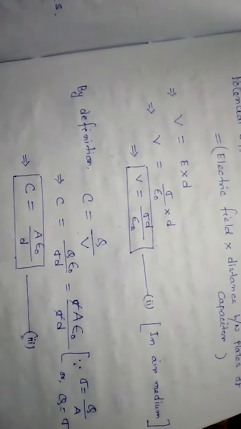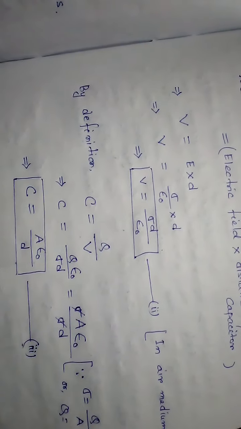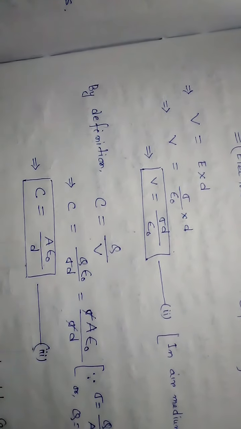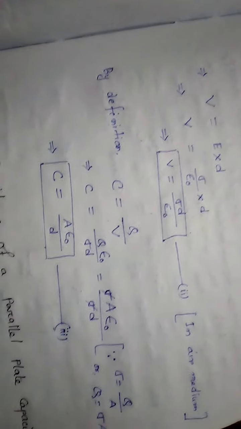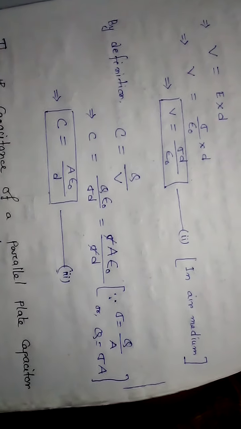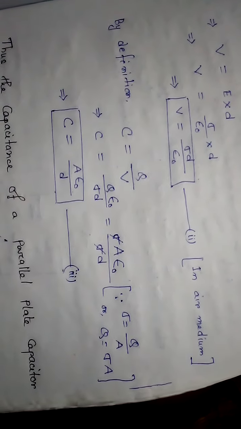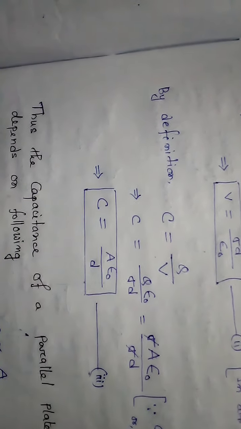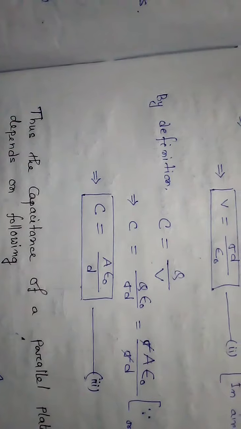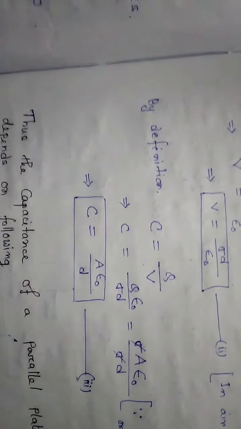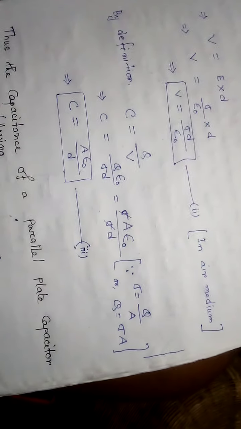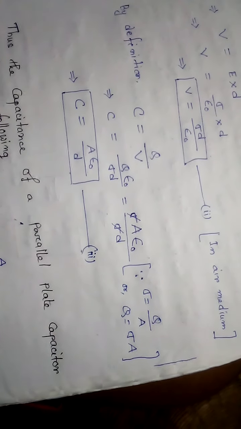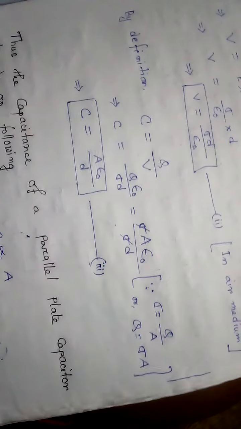By the definition of capacitance, we have C equals Q by V. This implies that C equals Q epsilon naught by sigma d. If we put sigma equals Q by A, we get C equals A epsilon naught by d. Here sigma is the surface charge density, that is charge per unit surface area.